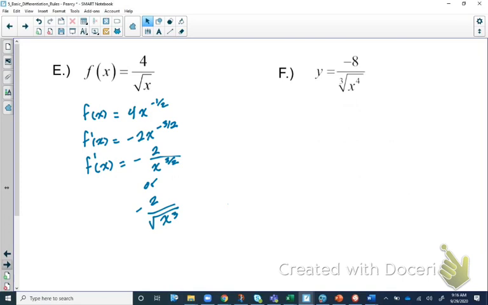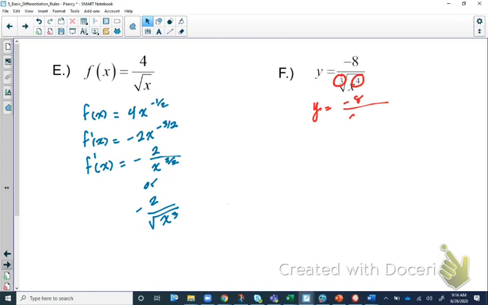And so for the last one here, it's going to be pretty similar. And I'm not going to skip the first step here. We're going to say y is equal to negative 8. Here I'm going to make sure everybody understands how we're converting the radical into an exponent. This value here is the denominator. This value here is the numerator.